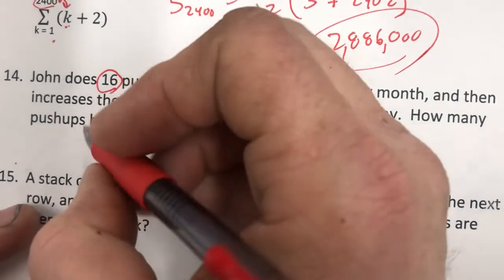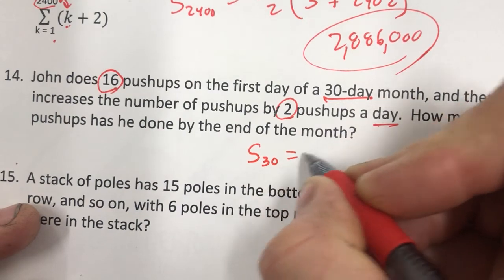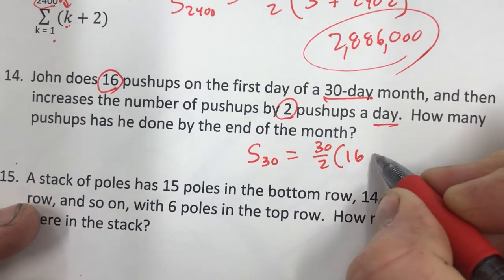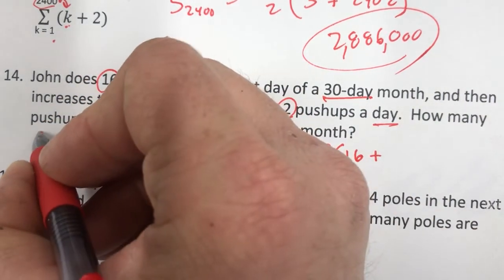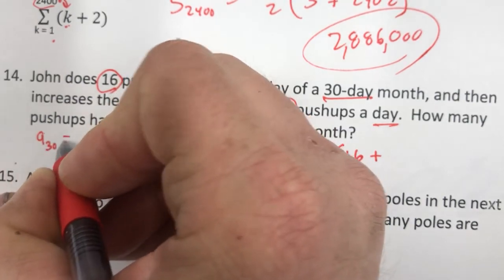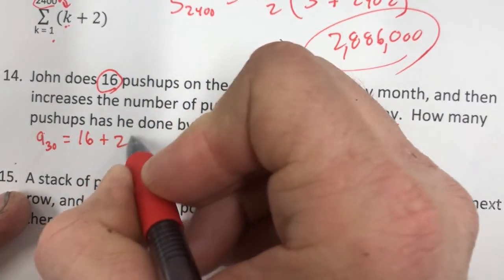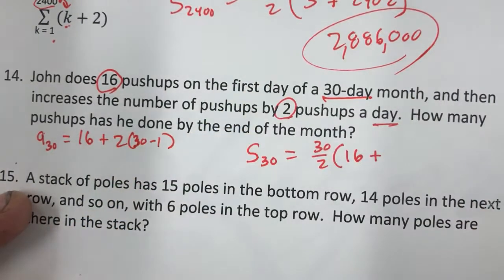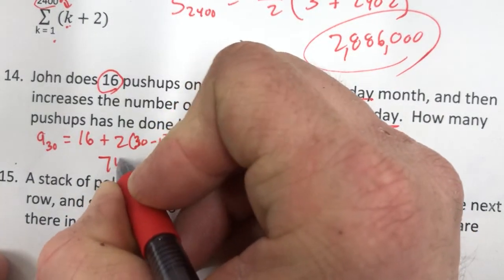Okay, so we're going to find the sum of these 30 days in the month, which is going to be 30 divided by 2 times the first day, which he's doing 16, plus the 30th day, which we don't know that. So we're going to have to come over here and figure out what the 30th number would be. The first number is 16. This is going up 2 per day, and this is going to be 30 minus 1. 74.